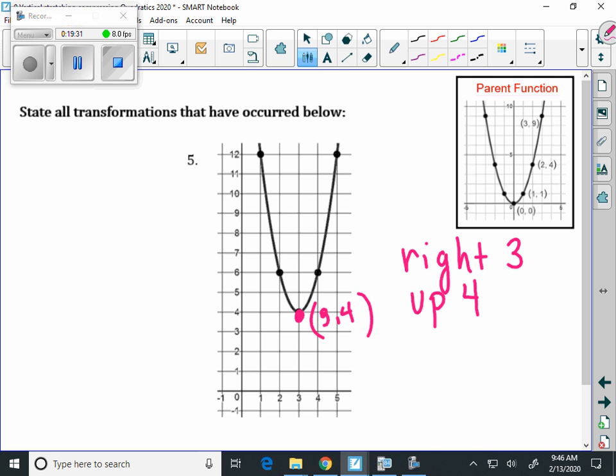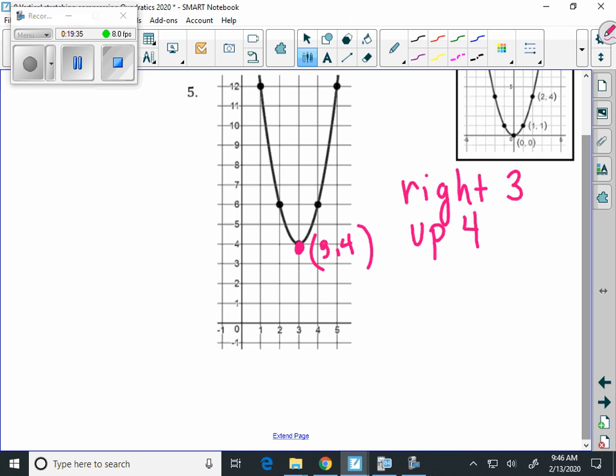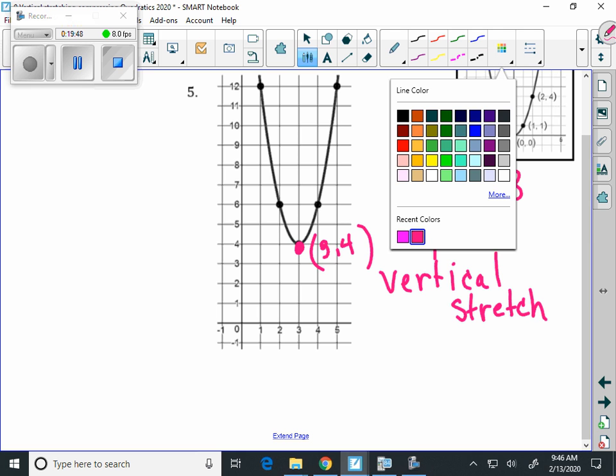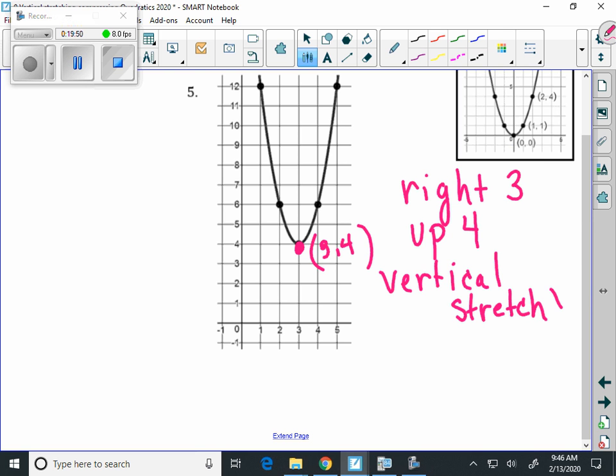So we went from a distance of 1 up to 2 up, which means this is going to be a vertical stretch by a factor of 2. We went from 1 to 2. 1 times 2 gives us 2.